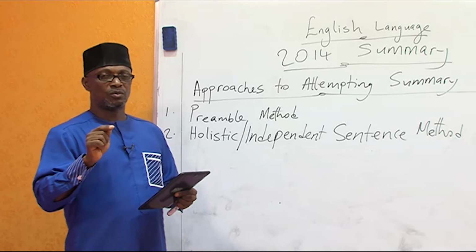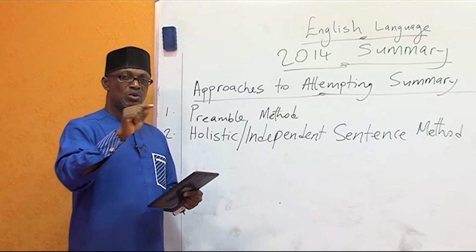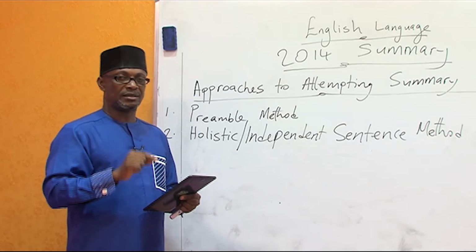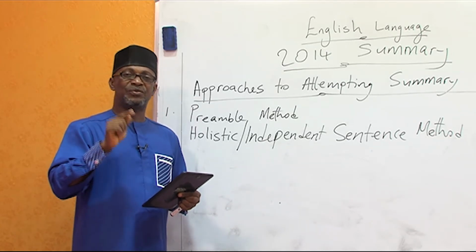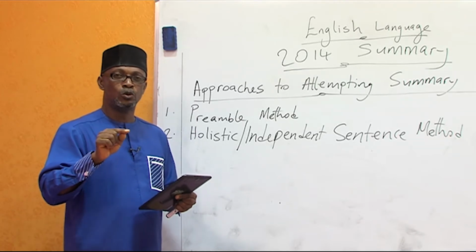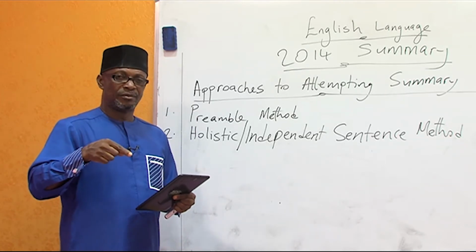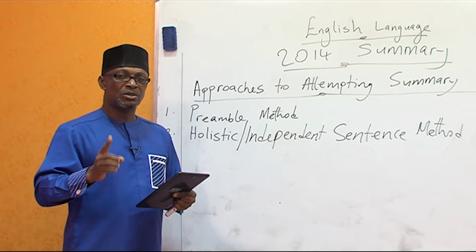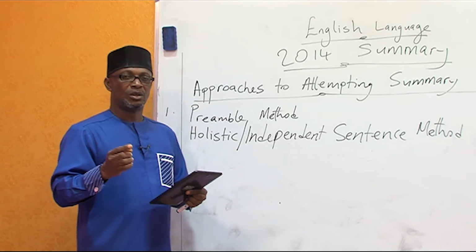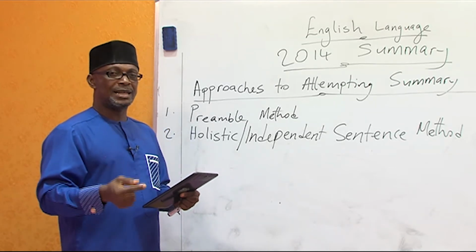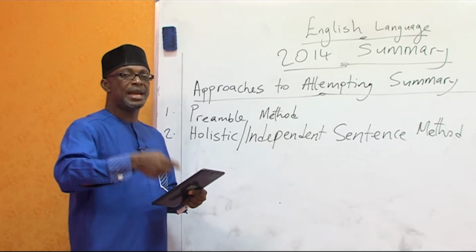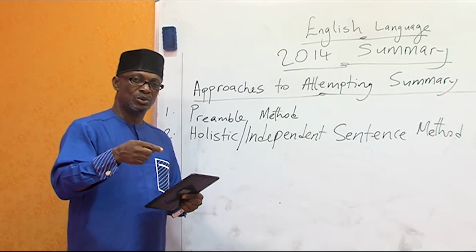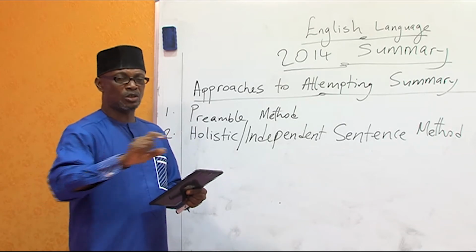On this note, we want to pause and look at what the question is requiring of us. It is very important that you relay or recall. Like we said, summary questions are recall questions. It is compulsory that you use the main words that the question has used in its construction.